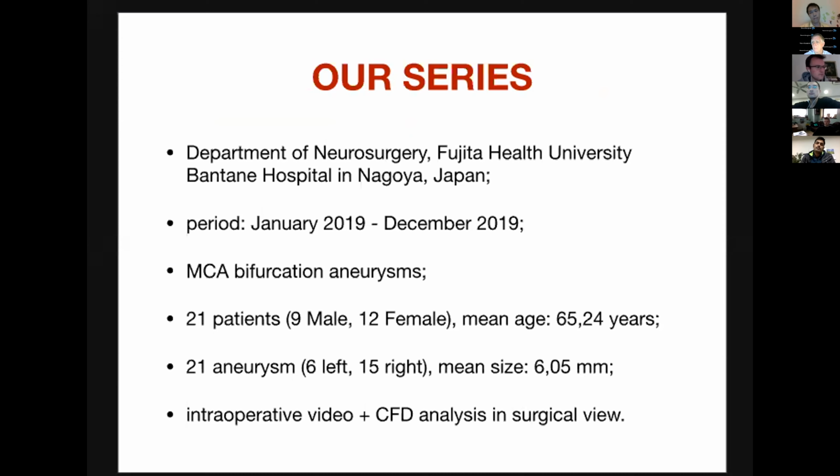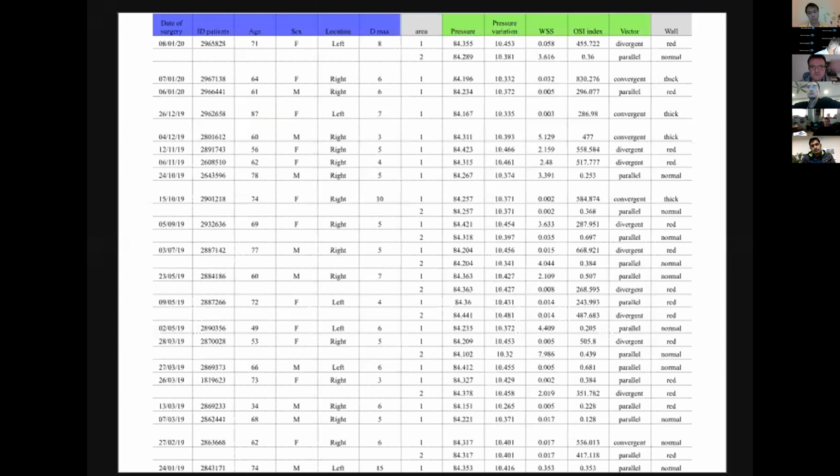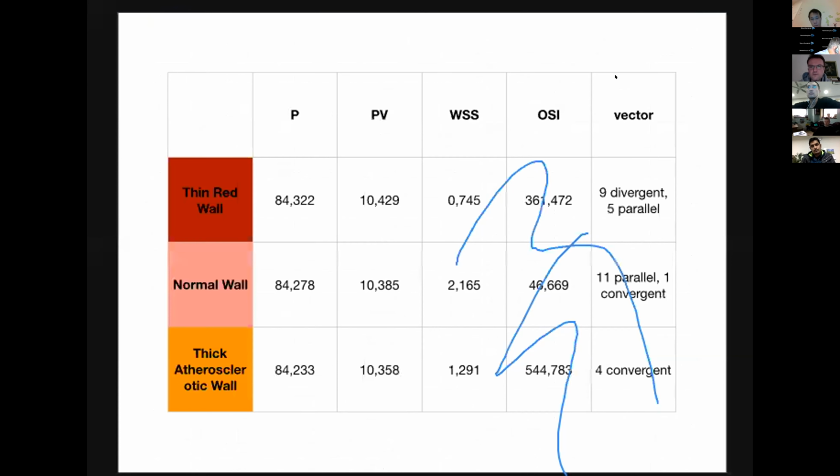We identified 30 areas of interest. 14 are thin red wall, 12 are normal wall, and 4 are thick atherosclerotic wall. For each one, we evaluated the following CFD parameters: pressure, pressure variation, WSS, OS index, and vector diversification.